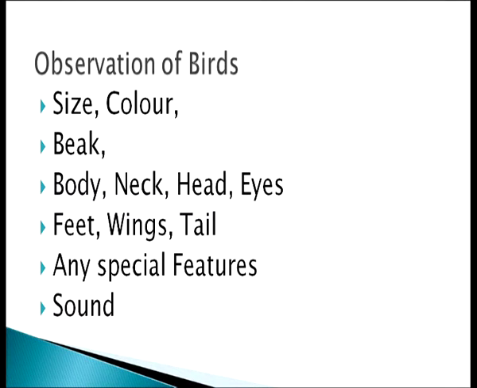Similarly, in another example of observation of birds, the teacher can ask children to observe different birds: their size, their color, the shape of their beak, how their body, neck, head, eyes, feet, wings, tail are, or any other special feature or sound.